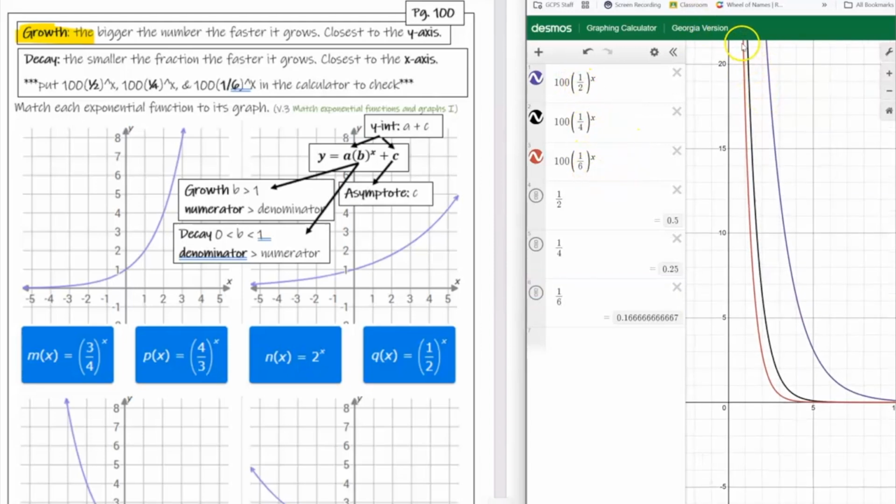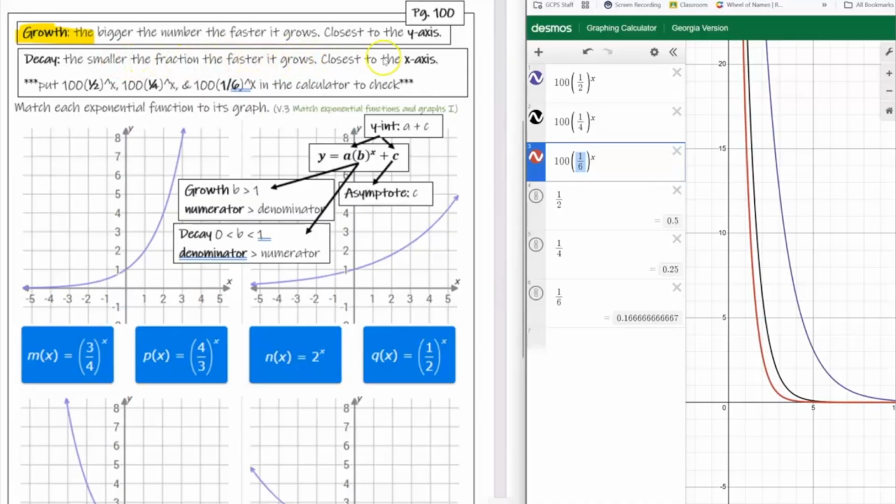Okay, so I like to visualize this like a slide, like you're going down a water slide. Boom. So you can see that this water slide is very, very steep, whereas this one is more of a gradual steepness. So the smaller the number, so you see this one is the smallest, the smaller the number, the steeper the water slide. And that's what I need you to remember. So when you're looking at decay, the smaller the fraction, the faster it is decaying.